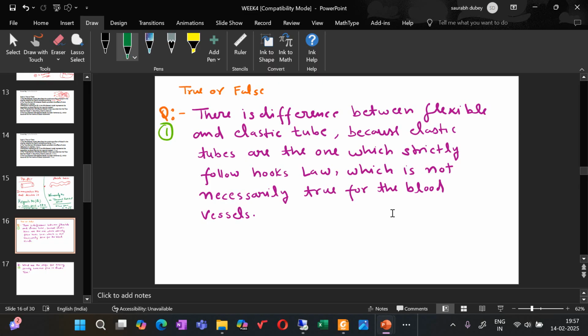Option A is true, option B is false. So anybody? There is a difference between flexible and elastic tube, because elastic tubes are the ones which strictly follow Hooke's law, which is not necessarily true for the blood vessels. So is it true or false?